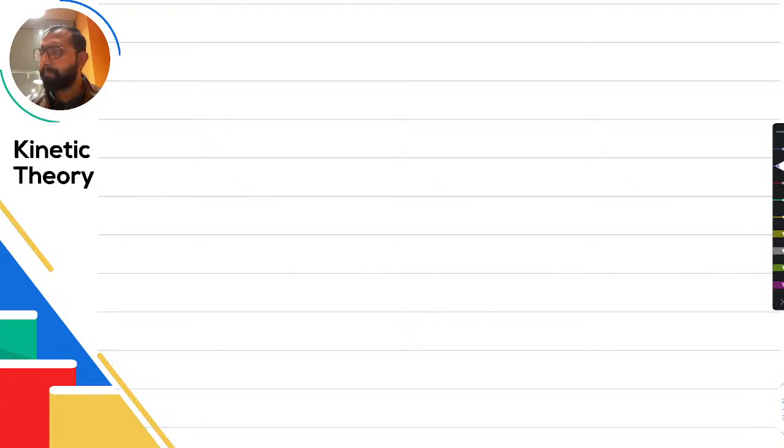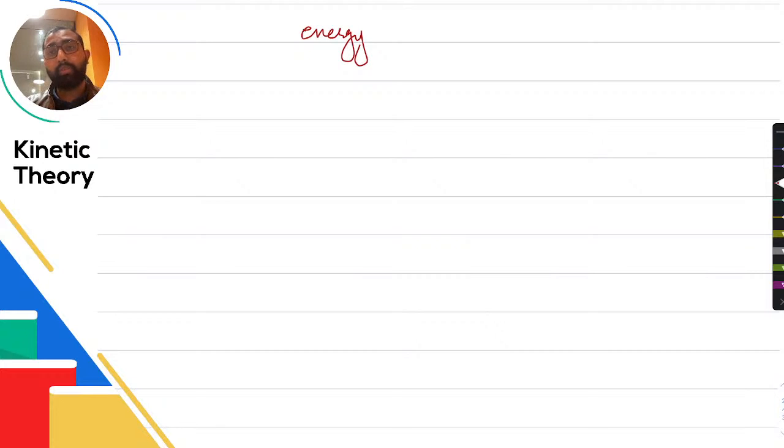All right. So how does energy affect things? How does energy affect these particles? So here's the thing. Kinetic theory says that when you give energy to things, and I'm talking about heat energy because that's the easiest way of transferring energy to these things, that energy can be transformed. Remember, law of conservation of energy. Energy can neither be created nor destroyed, but it goes from one form to another.